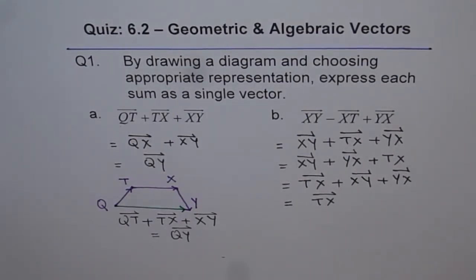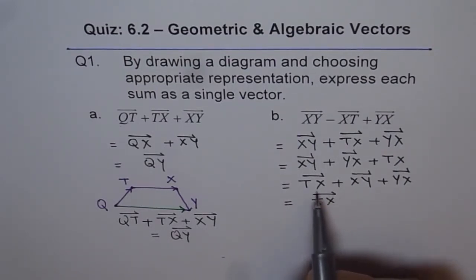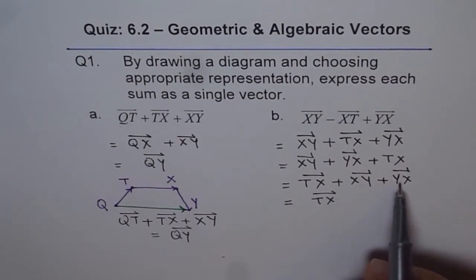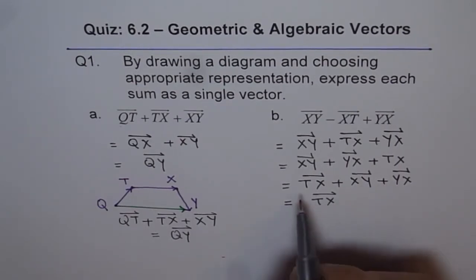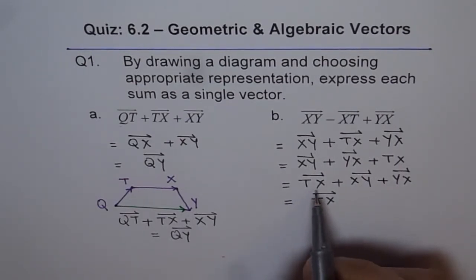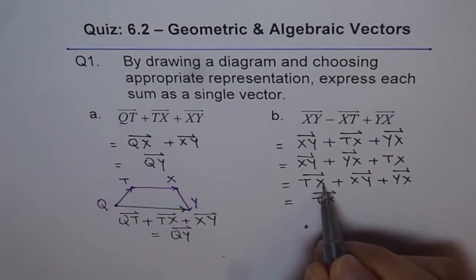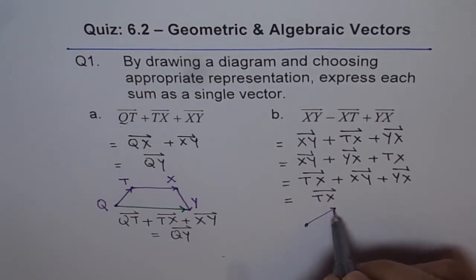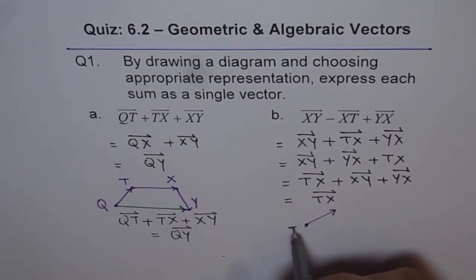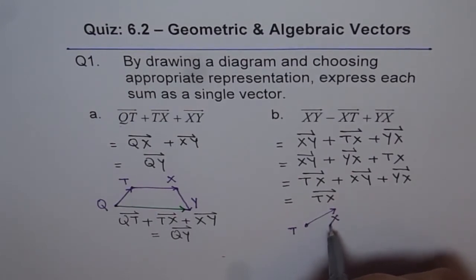Now, in the form of a diagram, you can show it like this. Let's take this equation to help draw a diagram. So let's say you are at T, and from T you go to X. Correct? So this is T, and that is X for you.